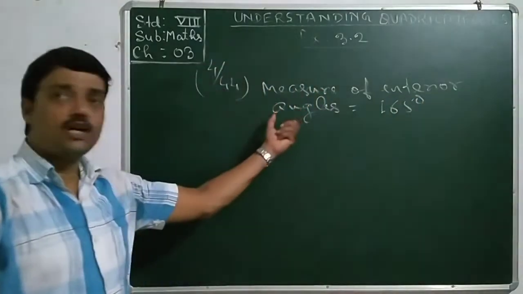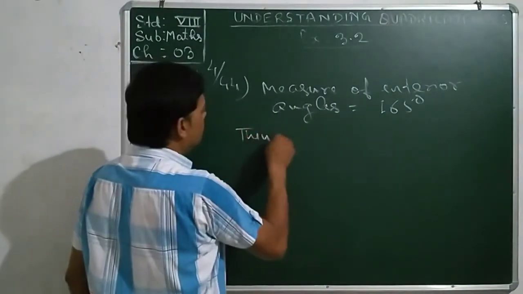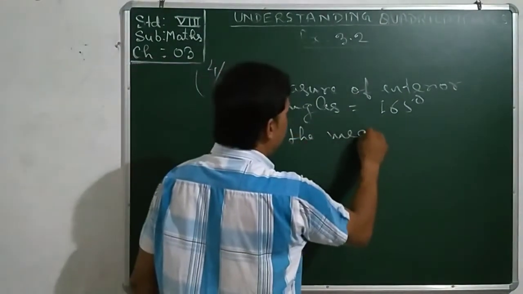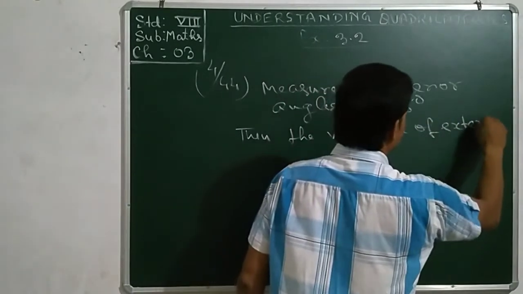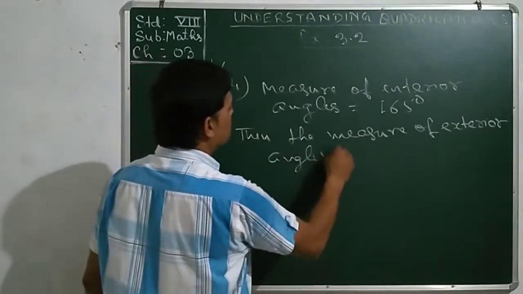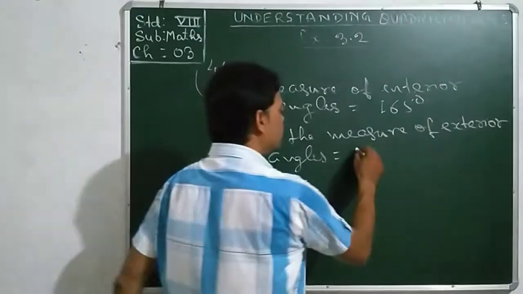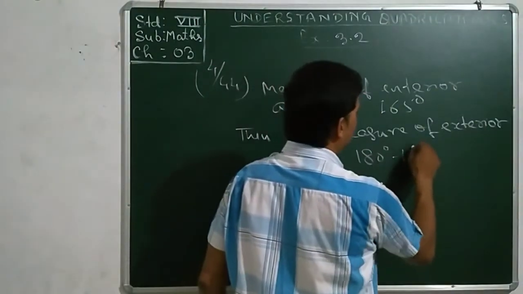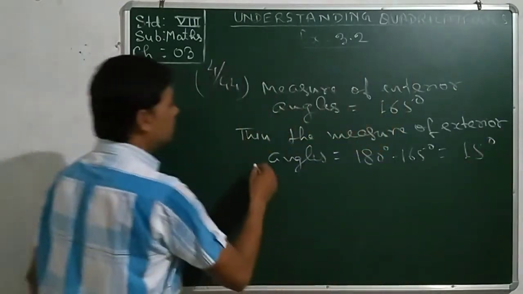Of course, if the measure of the interior is 165, then the measure of the exterior would be the supplementary of this one, that is 180 degree minus 165 degree, it is 15 degree.